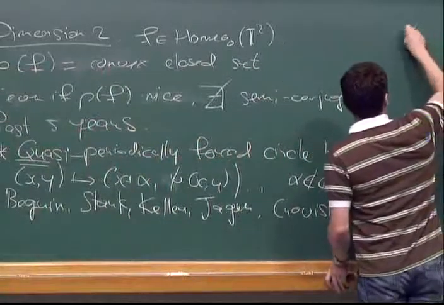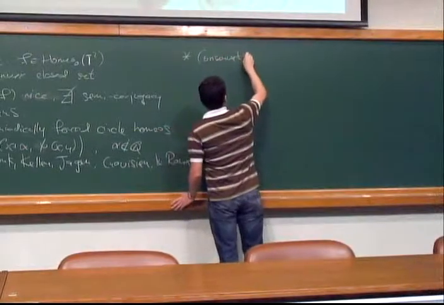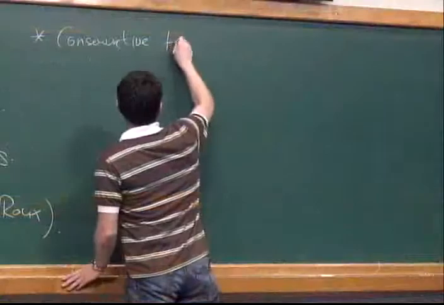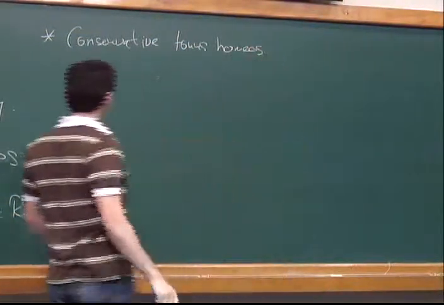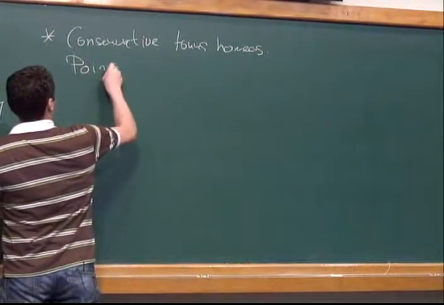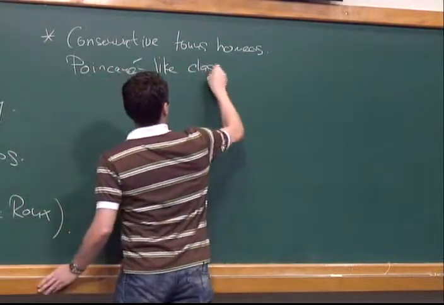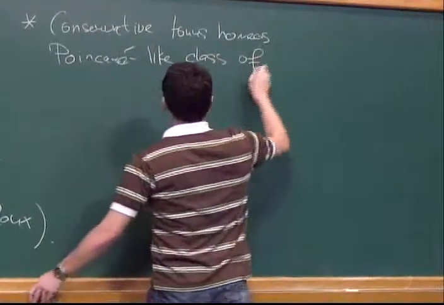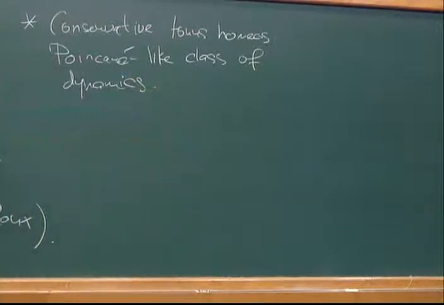Tobias Jaeger independently looked at conservative, meaning it preserves the Lebesgue measure, torus homeomorphisms, and he gave a very nice Poincaré-like classification of the dynamics in that setting. So, a lot of good work done.